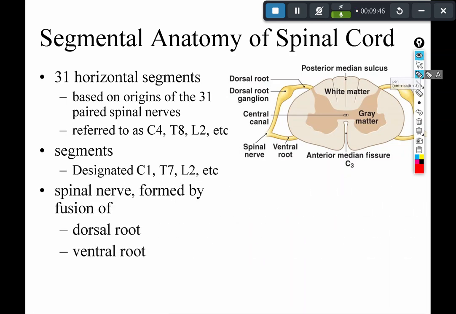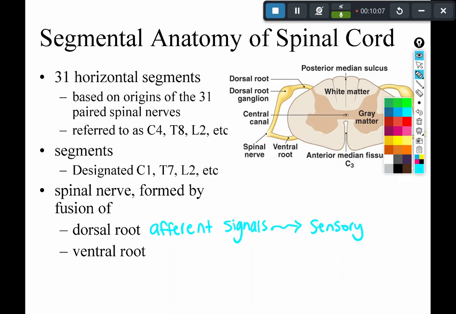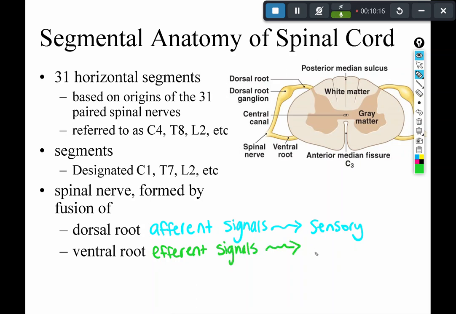So it's important to remember that the spinal nerve is formed by the fusion of the dorsal root, which we've talked about from lab, and the ventral root. The dorsal root is carrying afferent signals, which means sensory information. By contrast, the ventral root is carrying efferent signals, which is to say motor commands.